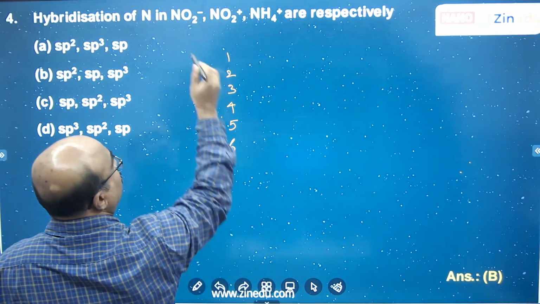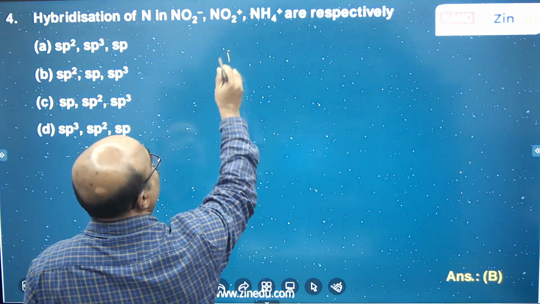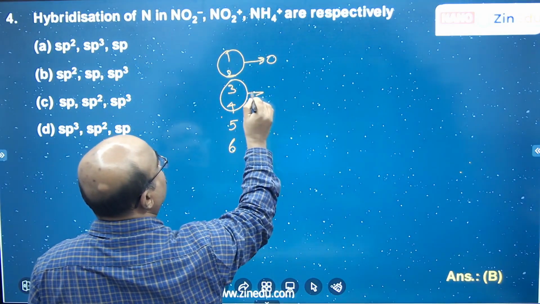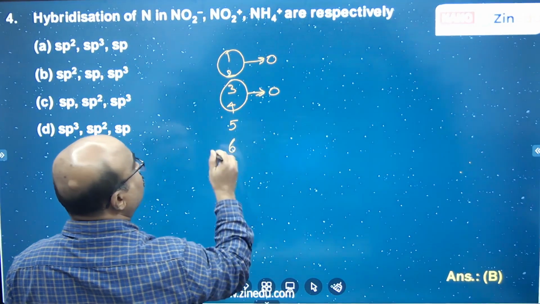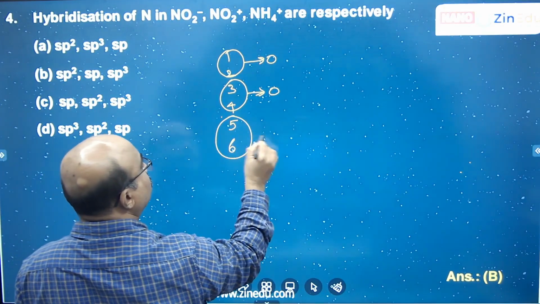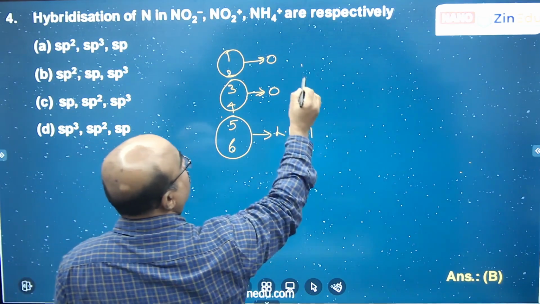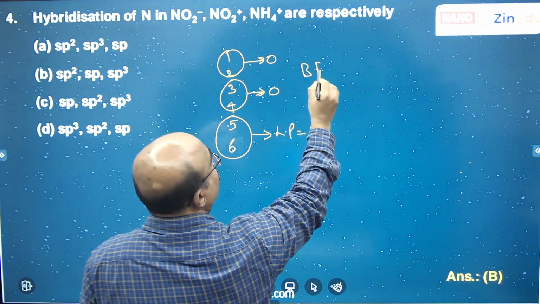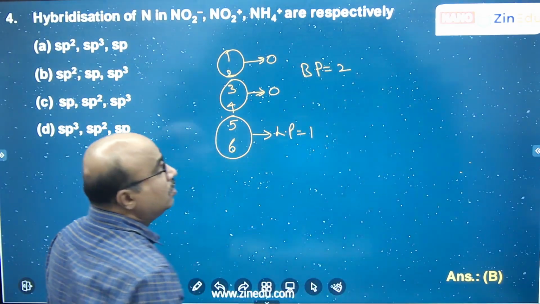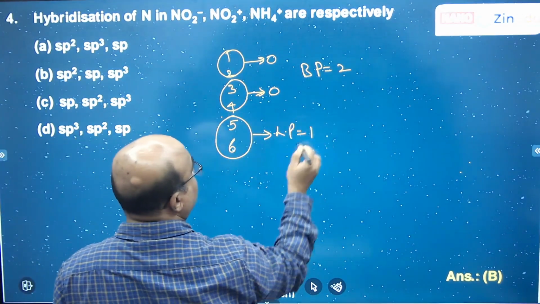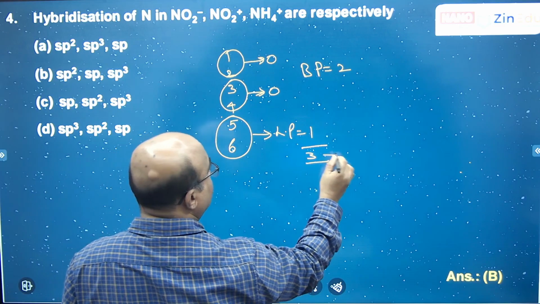Then oxygens are consuming 2 each. So these 2 electrons are consumed for oxygen, these 2 electrons for oxygen again. And one pair of electrons is left, so this is a lone pair. So one lone pair, the bonded pairs are 2. So the hybridization of NO2 minus is 2 plus 1, 3, that is sp2.